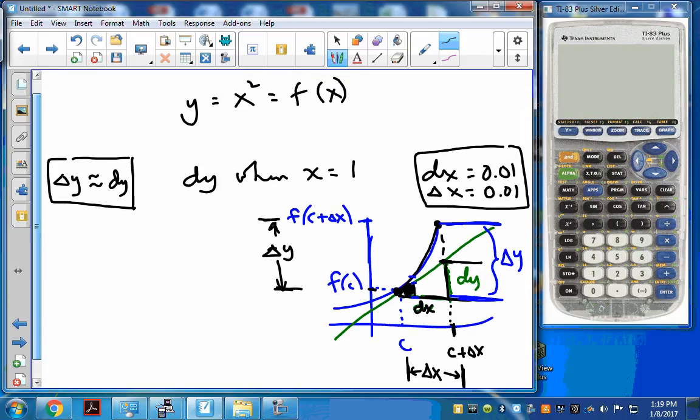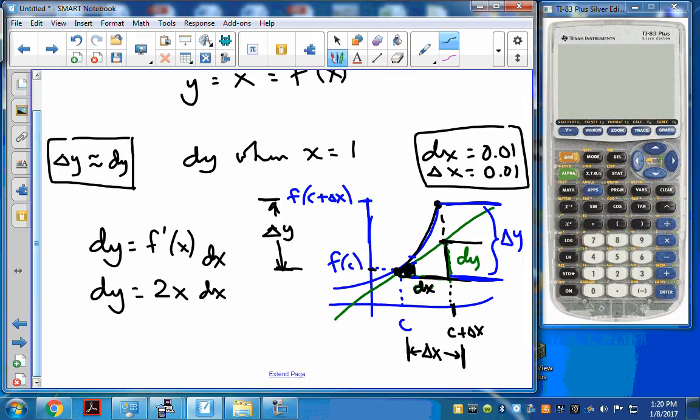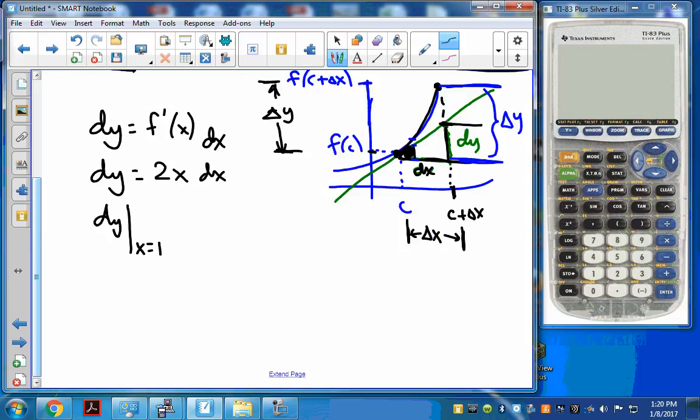Okay, so the first thing we do is we get dy is f prime of x dx. And so the derivative is 2x dx, and we were given that x is 1. So dy evaluated when x is 1 and delta x or dx is 0.01. We can evaluate that.